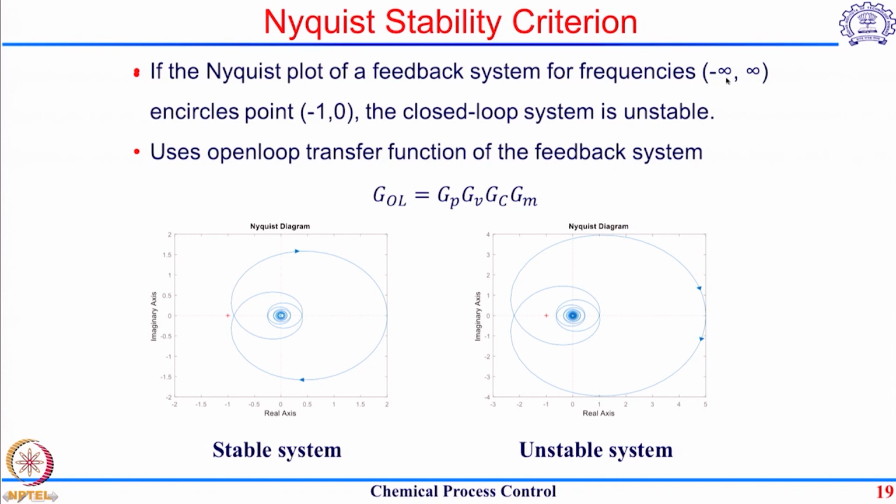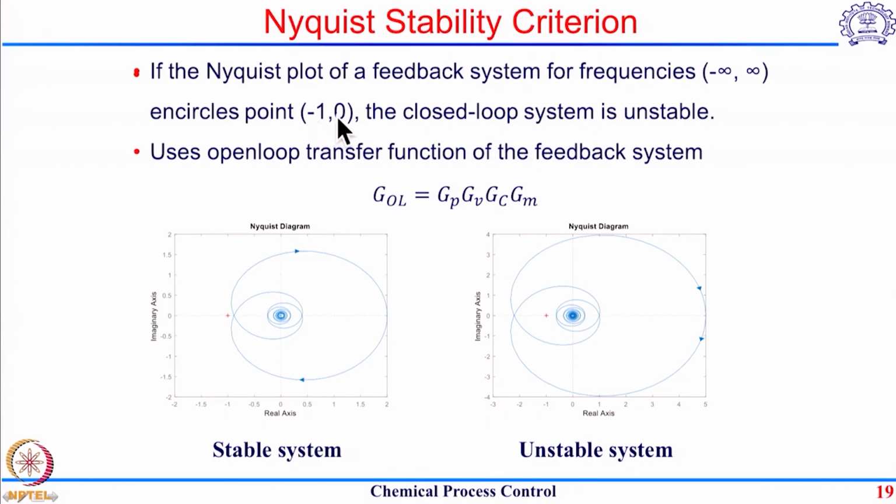This is just so that the Nyquist plot has a good shape. So what you do is you draw the Nyquist plot for all these frequencies, and if it encircles the point -1, 0, then the closed loop system is unstable.